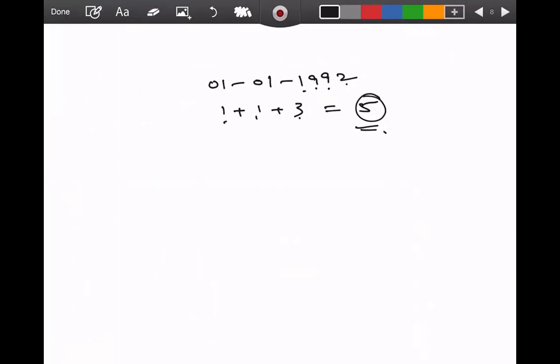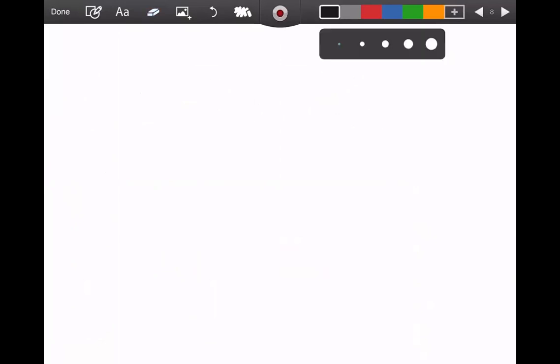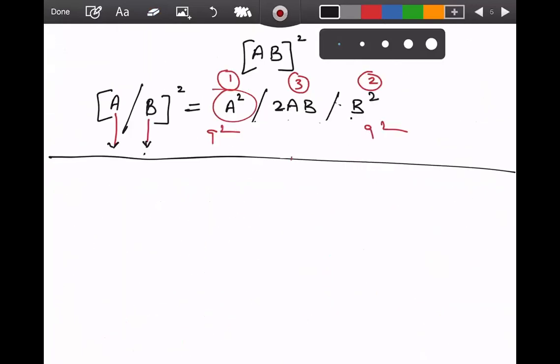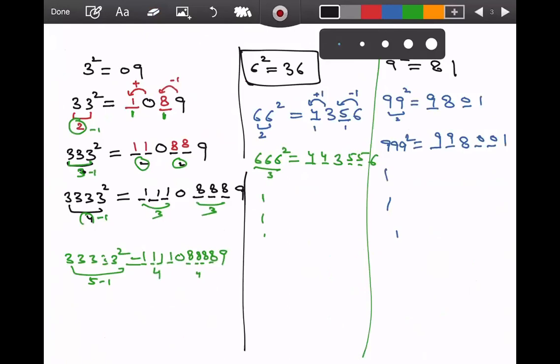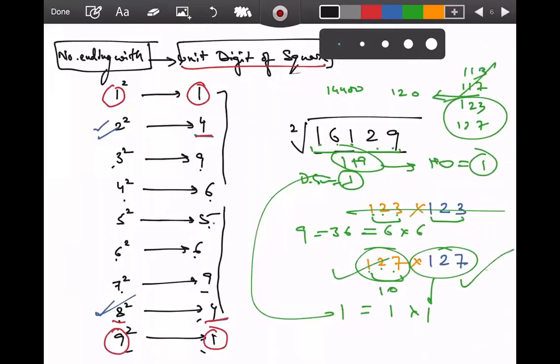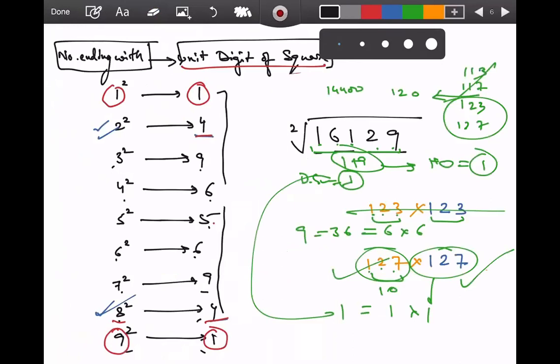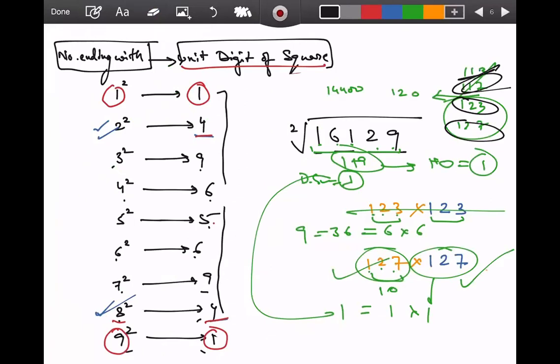This is what a numerologist might want to know, work on it later. For us, digital sum can help when we have MCQ type questions. Here we first eliminated these two, and then we were left with these two. What if we have a greater number and two options left?